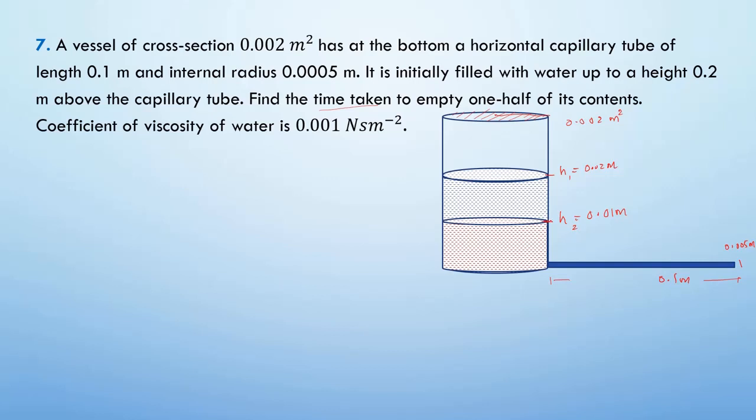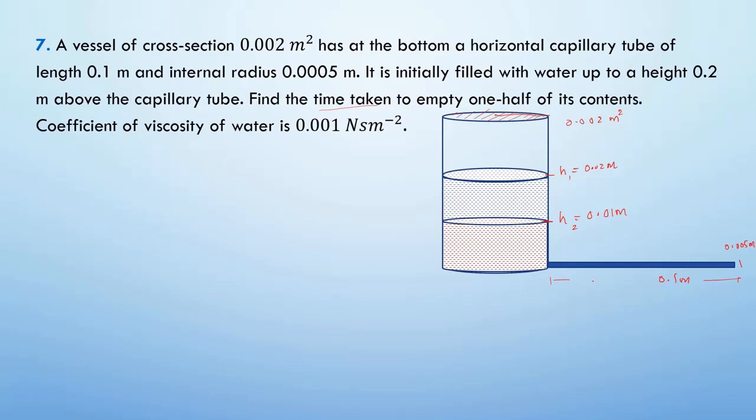For the equations we already have, that is Poiseuille's equation, we are dealing with a constant pressure. You remember the equation was for when the pressure between the ends of the capillary tube is constant. But in this case, as the height of the water column decreases, the pressure at this end decreases.